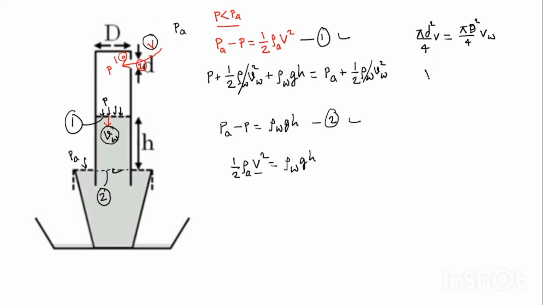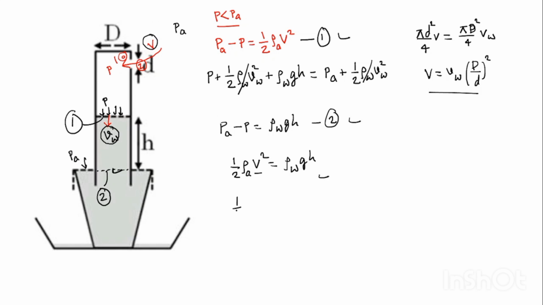So here you get V is equal to VW times capital D upon small d whole square. Now you put this in this equation.